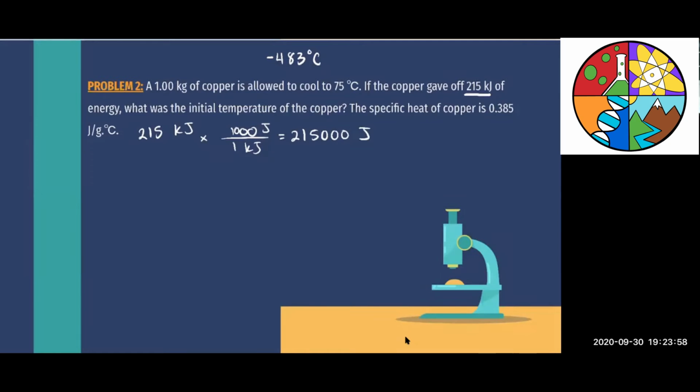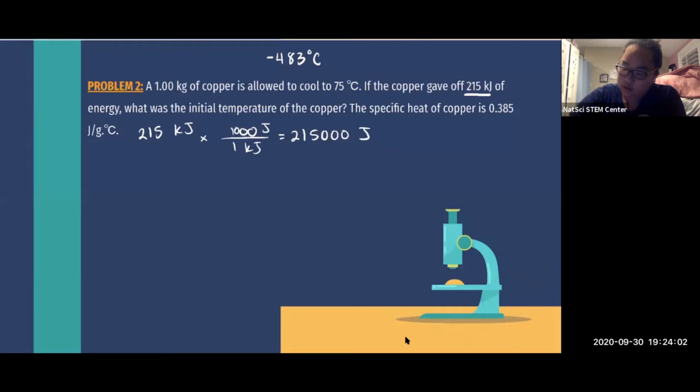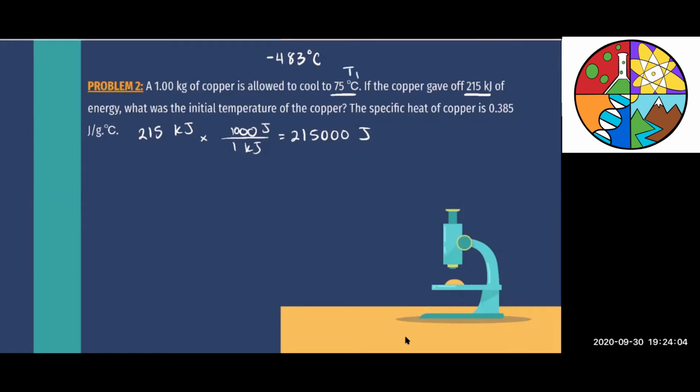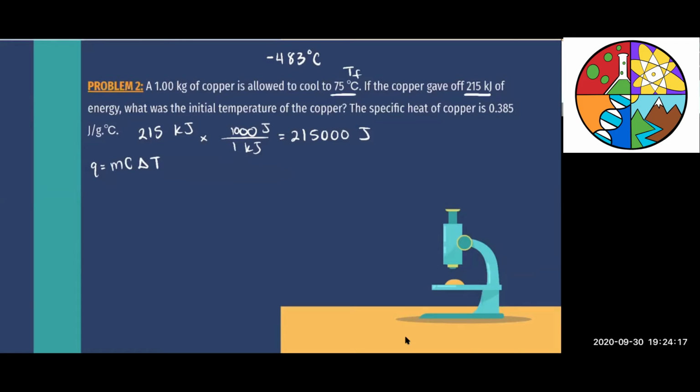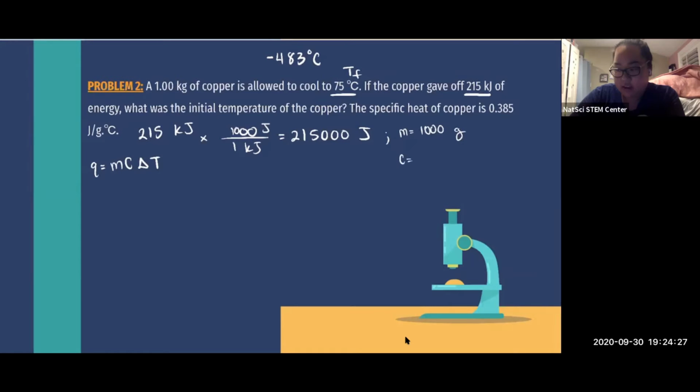Now we use the formula that Q equals M C delta T. We have M, which is 1,000 grams. And C we have as 0.385 joules. And then delta T, we just skip delta T, no need to.